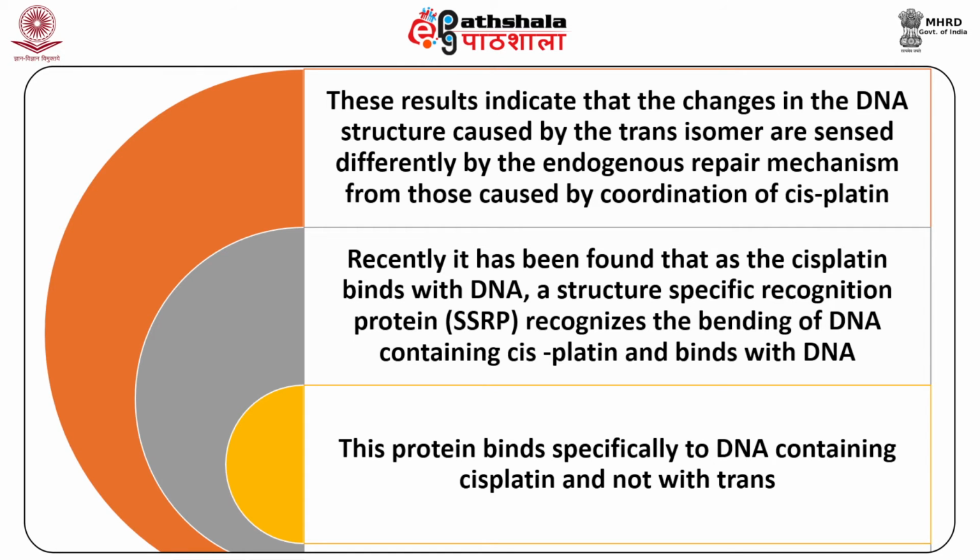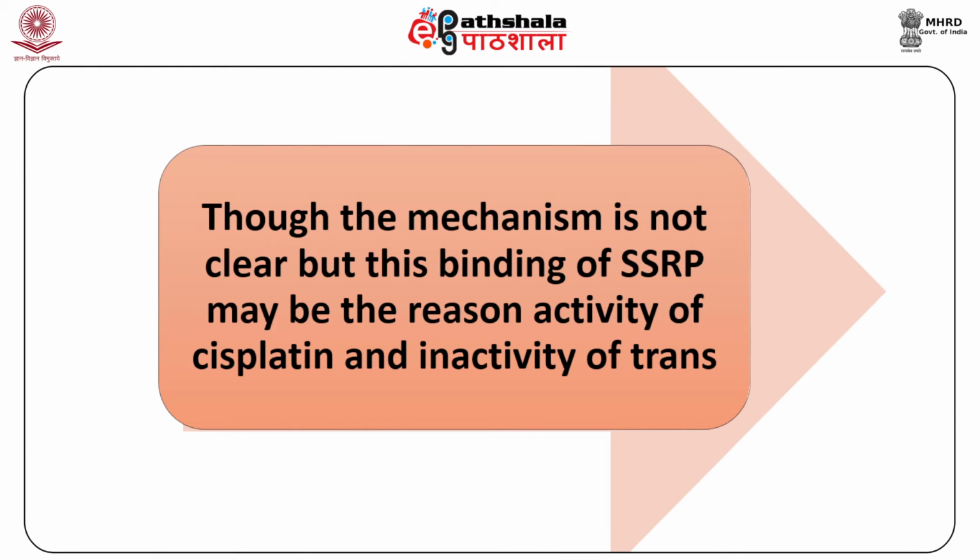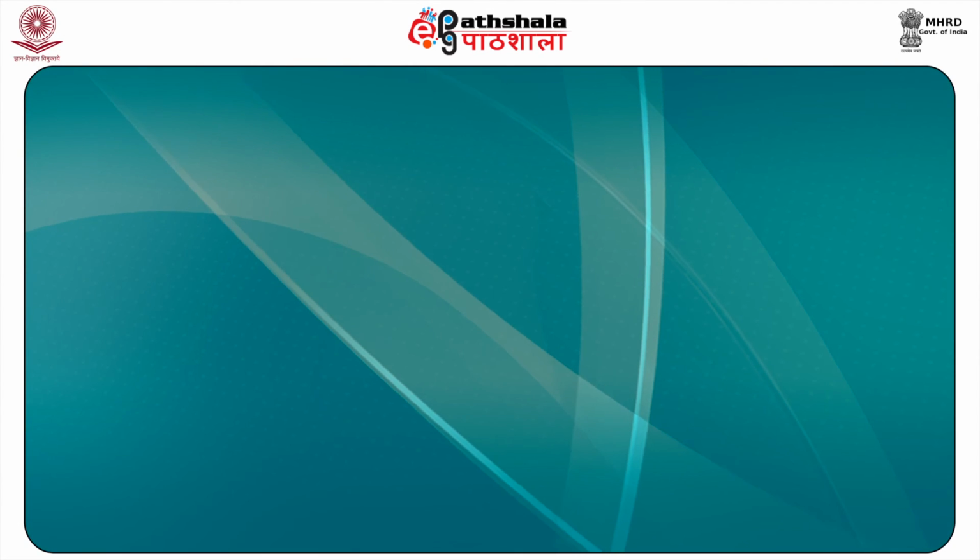This protein binds specifically to DNA containing cisplatin and not with trans. Though the mechanism is not clear, this binding of SSRP may be the reason for the activity of cisplatin and the inactivity of trans. Lithium.